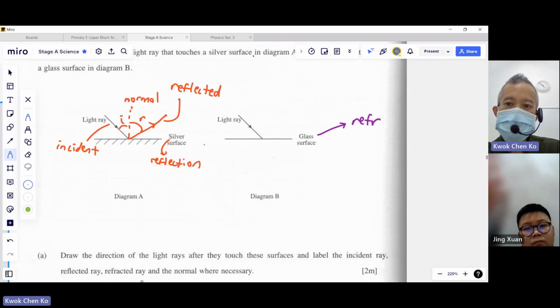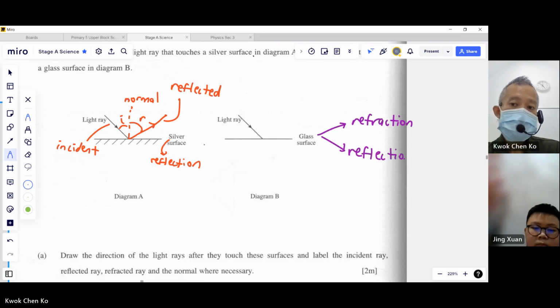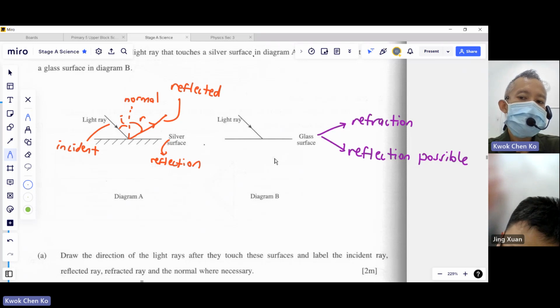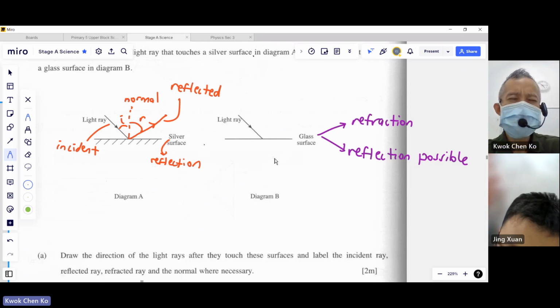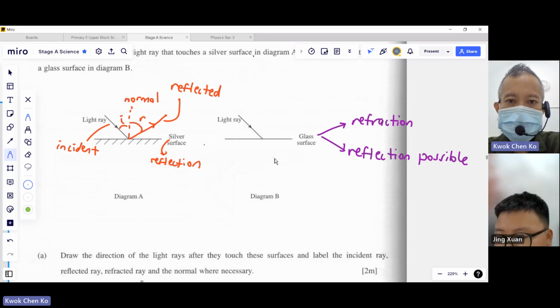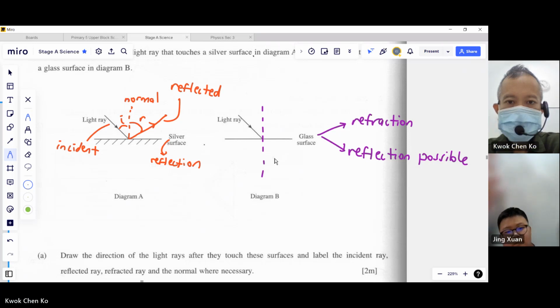Obviously, refraction will occur, but maybe you want to take note, reflection is possible too. 80% refracted, 20% reflected. Normally not fully one or the other. Well, I still need to draw the normal.